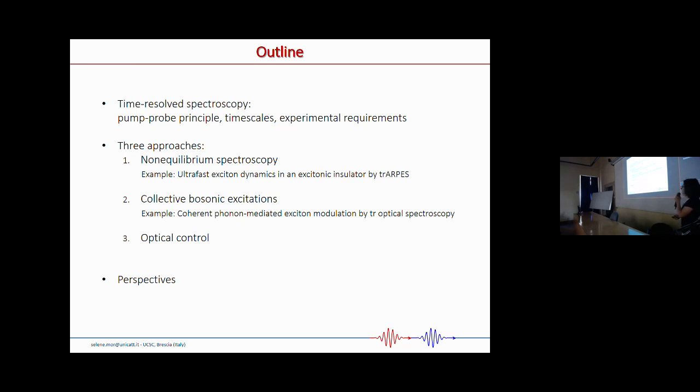The non-equilibrium spectroscopy will be analyzed in more detail, presenting this particular work with time-resolved photoemission spectroscopy on a system which is supposed to be an excitonic insulator, and we will look particularly at the exciton dynamics induced by a pump pulse.